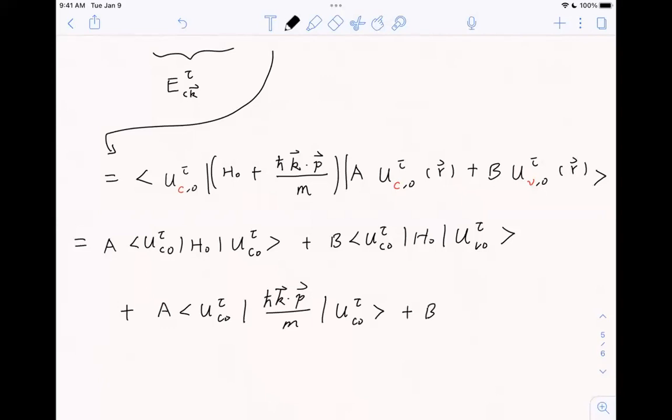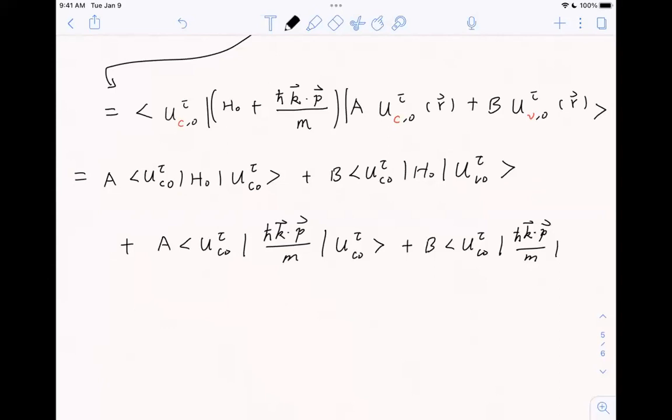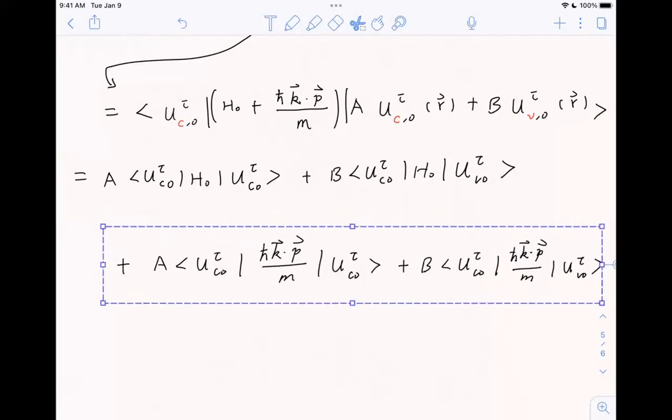And then you have B, U tau Z0. Okay, 4 terms. Let's consider them one by one.